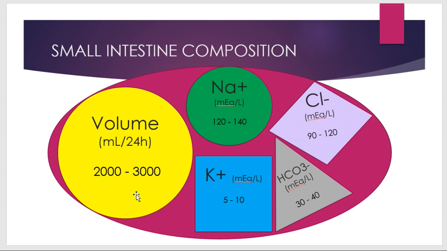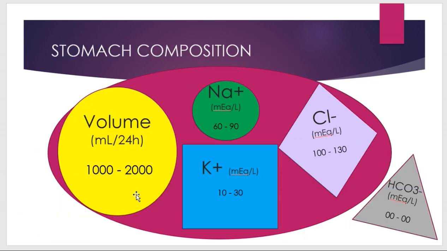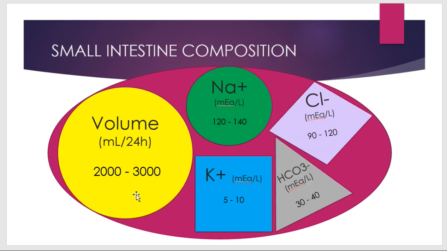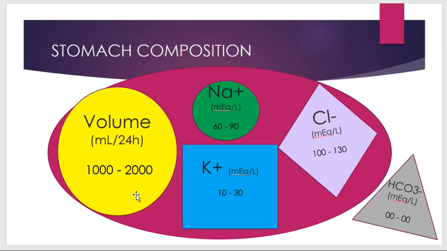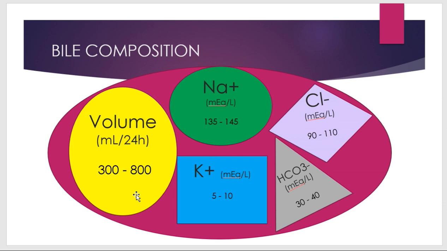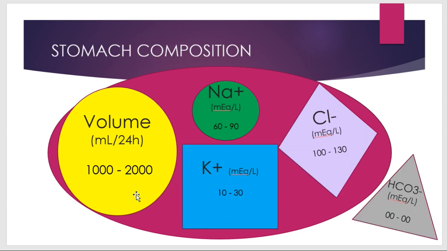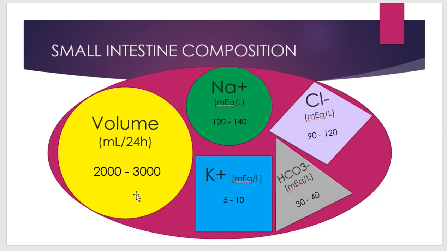So potassium here, if you can focus on the gastric one, again becomes 5 to 10 milliequivalents, almost equal to the bile and pancreatic secretion. The small intestinal secretions, almost equal volume, have similar concentration of potassium ions, 5 to 10 milliequivalents per liter.